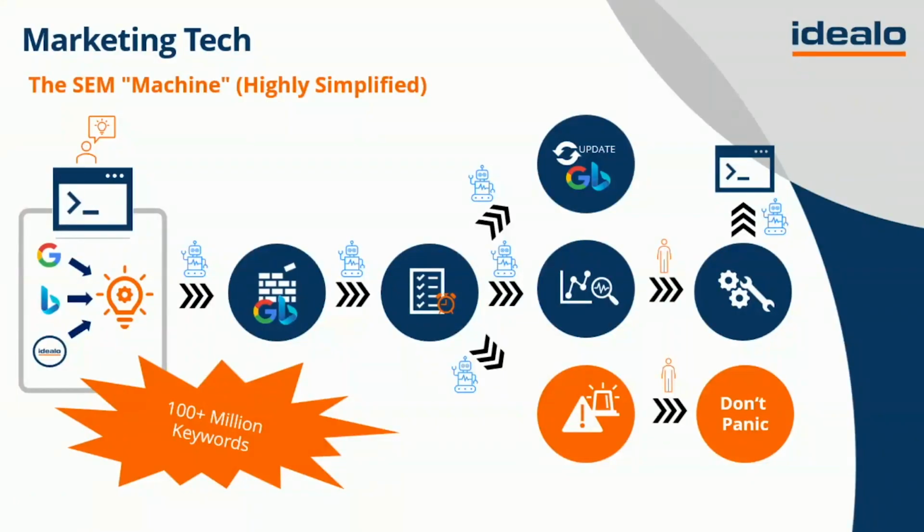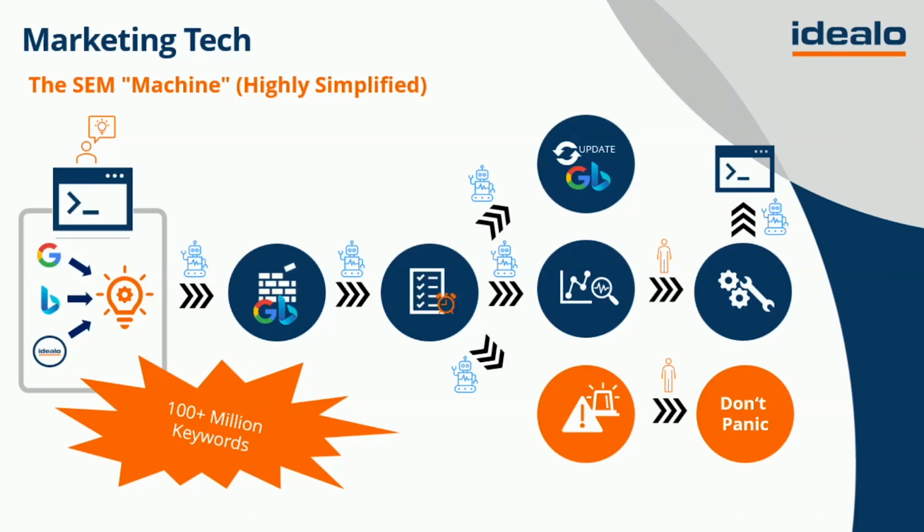Another crazy piece of marketing tech is our SEM machine in a highly simplified version. Don't worry, thanks Romana, I stole this slide from you. I won't go through it in detail. Essentially what happens here is the SEM machine creates campaigns, it adds keywords, it steers campaigns, it updates campaigns based on whether the according landing page has enough offers on it for it to be relevant for our users.